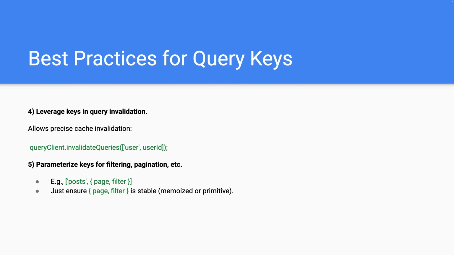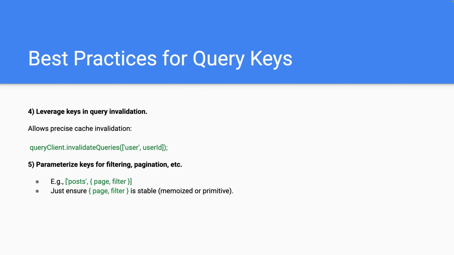If I pass, for example, invalidateQueries and I pass the query key as users, then I am invalidating all of the users, which is completely unnecessary. So always use the keys in query invalidation in a proper way so that you invalidate only that piece of the data which you don't need anymore.